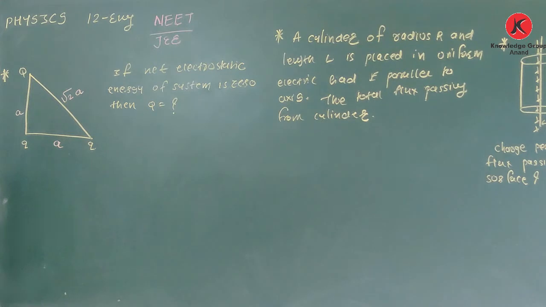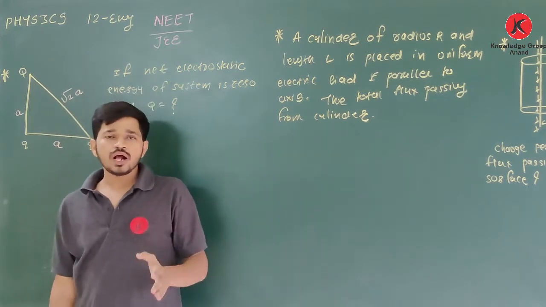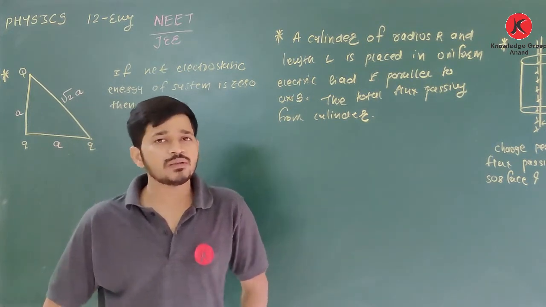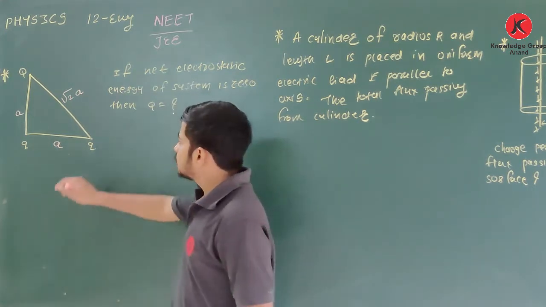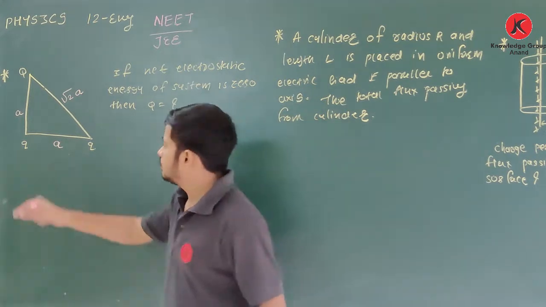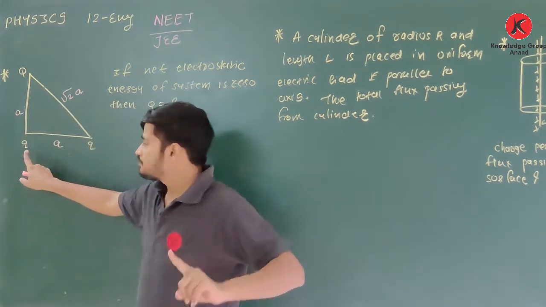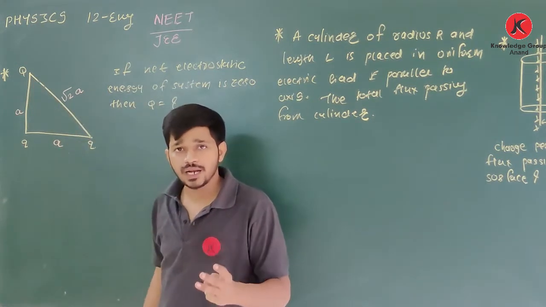Now, for electrostatic energy, first of all you have to identify the number of possible pairs between charges. You are given 3 charges, so between these 3 charges, 3 pairs are possible: Q and Q first pair, Q and Q second pair, and Q and Q third pair.